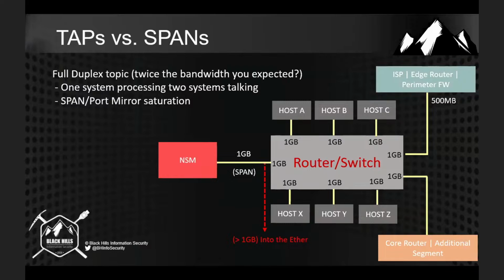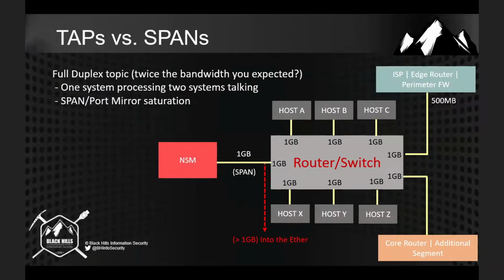Therefore, if you aggregate this traffic in a way in which the aggregated traffic is over a gigabit, then that traffic is not going to reach your network security monitoring stack, and you're going to lose traffic. So that's one downside with going with a span.